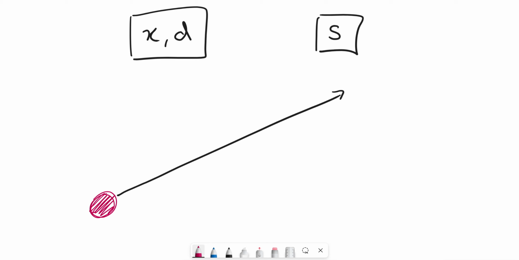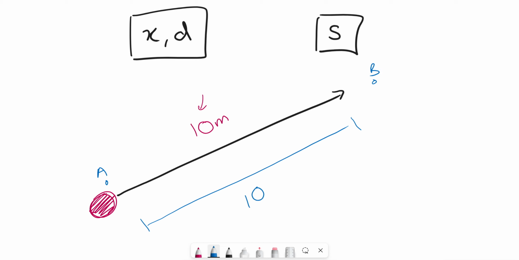A ball rolls in this direction 10 meters, right? Our distance is 10 meters, but our displacement, the shortest distance from point A to point B, is also 10 meters because it's a straight line. So that's why numerically, because the value of 10 is the same in both, when you use it in a formula, like if I was calculating the speed right now, I could do just d over t, and I can use d as displacement or distance because both are 10, right?